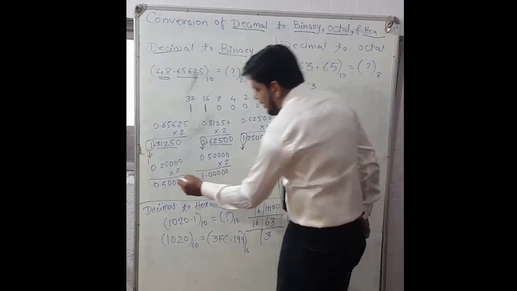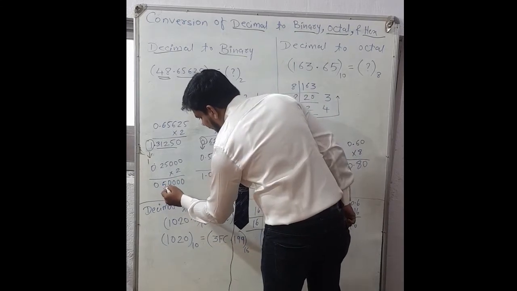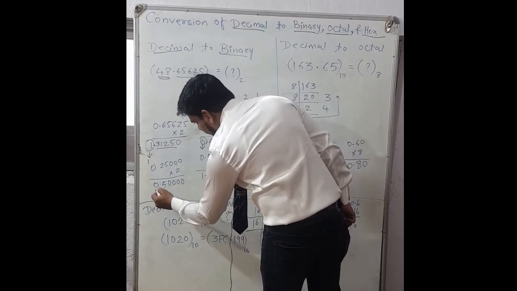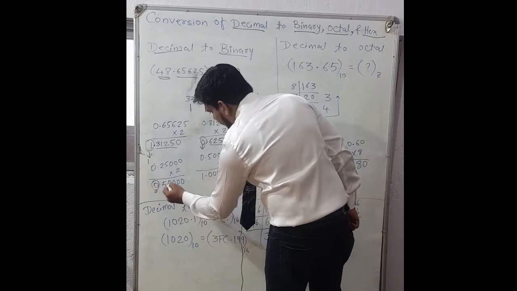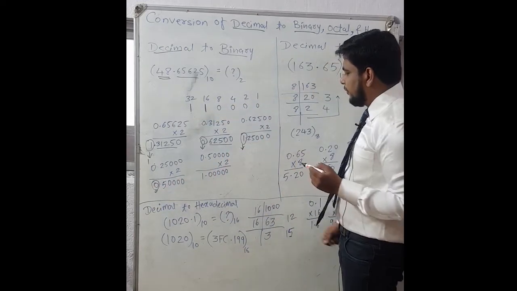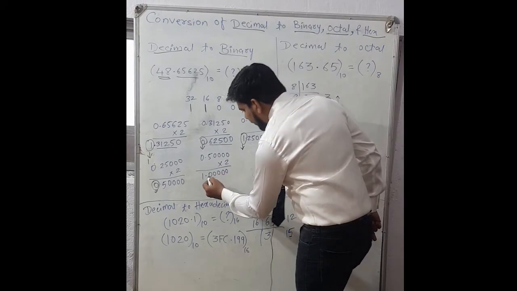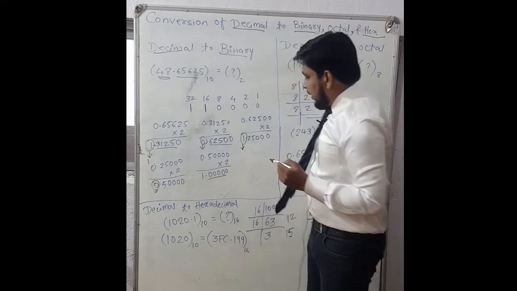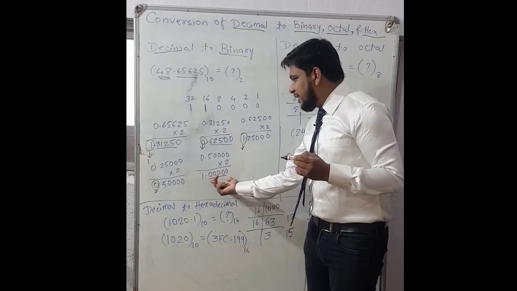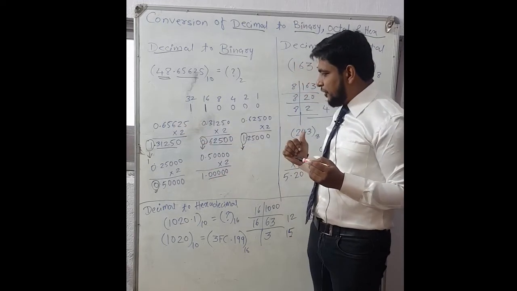So we get 0.50000. This 0 is separated, and 0.50000 is multiplied by 2. So it is 1.00000. So we have to continue the multiplication until the fractional part becomes 0.